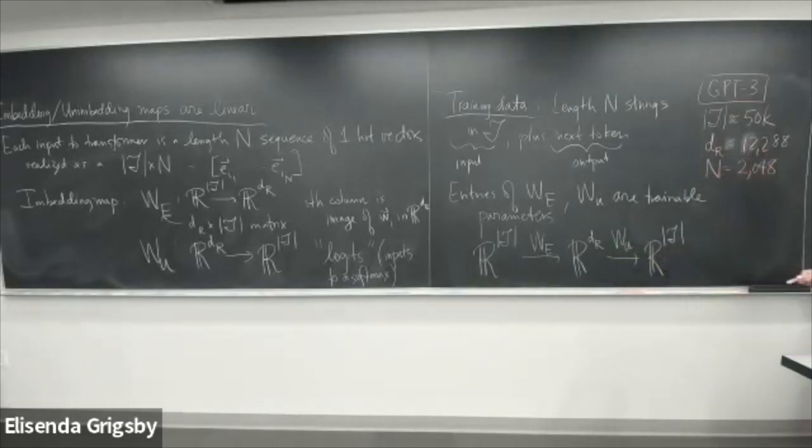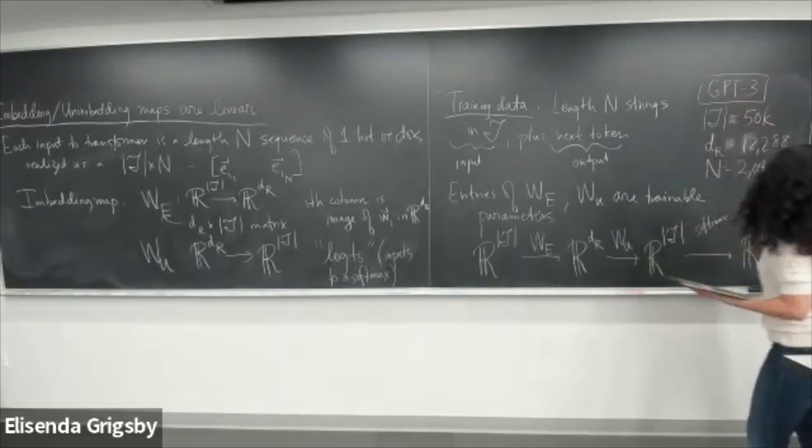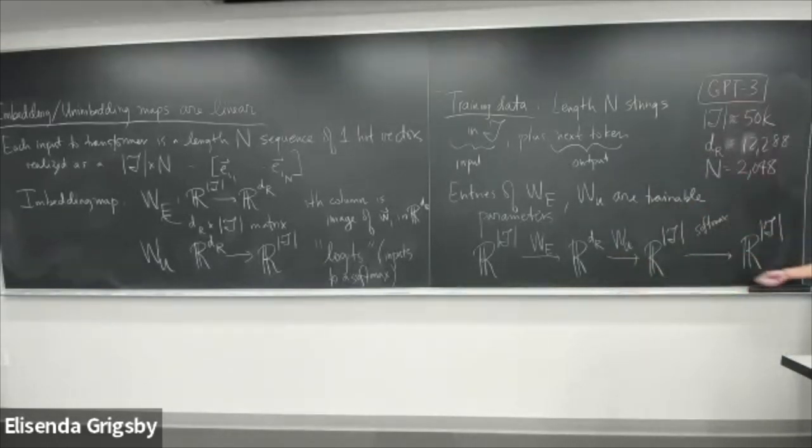And now you want to get some probability vectors out of this. So the standard thing to do is to apply what's called softmax. Since I think I haven't talked about it in this class yet, let me say a few words about it now. The idea is you want to get a probability vector: associate to each word or token in your set of tokens a probability that it appears next.